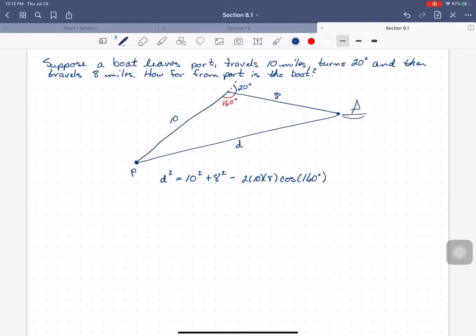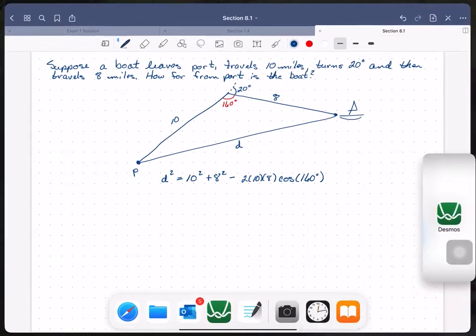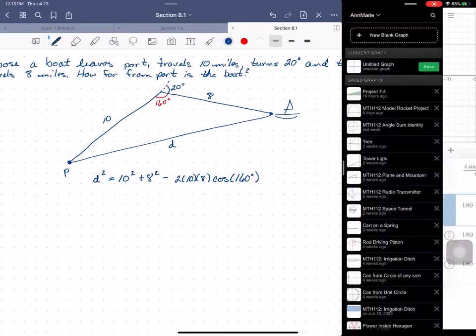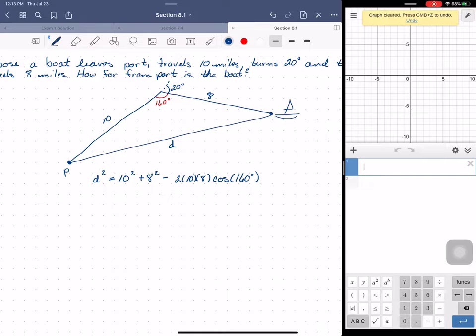And now you may be thinking, oh, but wait a minute, cosine of 160 degrees is negative. And you're right, it is. And that's okay. So we're just going to plug this into our calculator and take the square root of all of that. We could do some work in our head, but we don't need to.